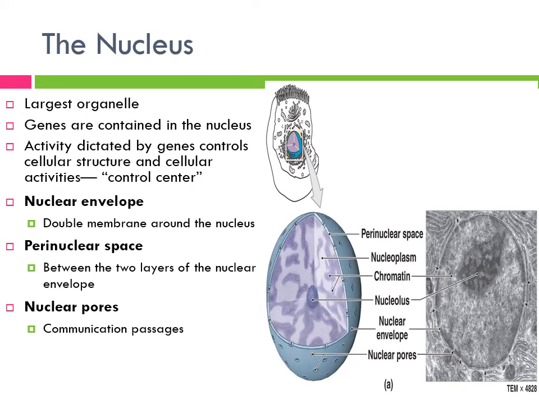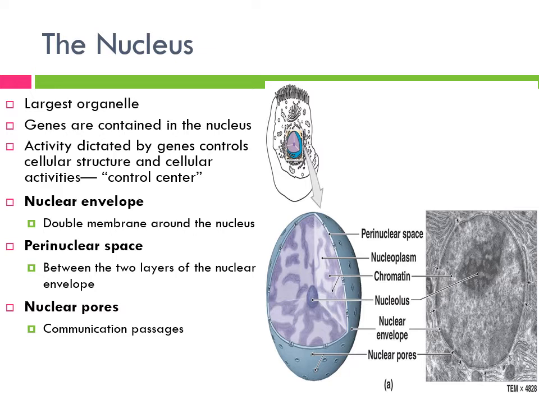The nucleus is the largest of our organelles, and it contains our genes. All of the genetic code that tells all of our cells what to do, what they're going to be, how to make all the proteins, all of that is contained within the nucleus. The nucleus has a membrane called the nuclear envelope, which is a double membrane that surrounds the nucleus.